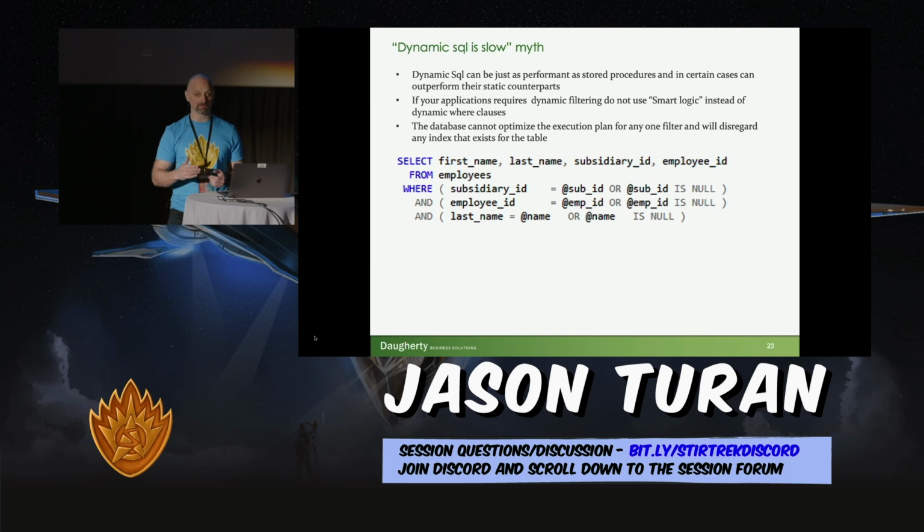So it'll do a full table scan, even if there is an index to support that table. This right here, I would argue, is an anti-pattern. You'd be better off using dynamic SQL.